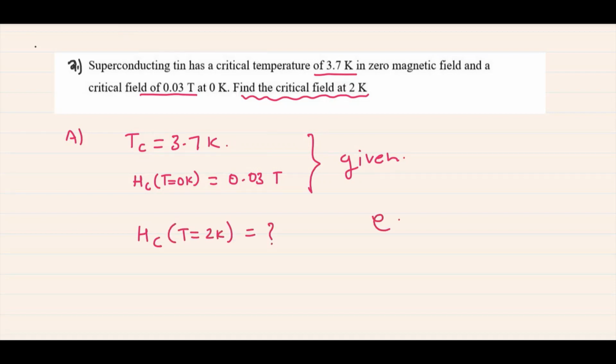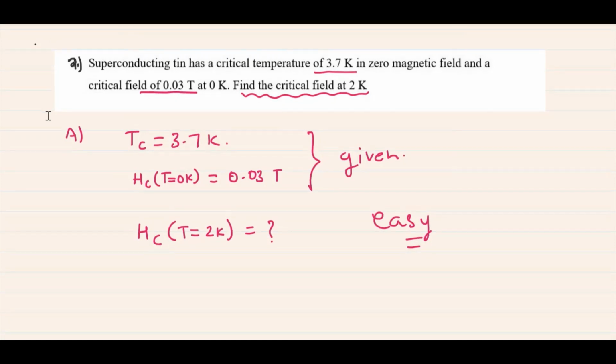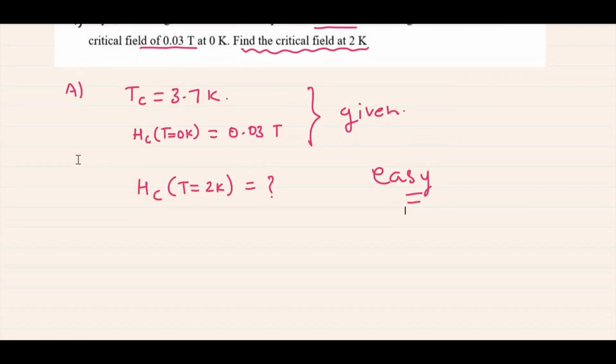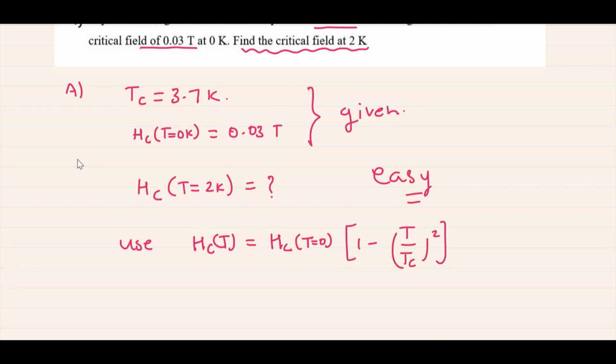It is a very easy question. Use the parabolic equation we previously saw. Use Hc of T equal to Hc of T equal to 0 into 1 minus T by Tc the whole square. This is an important equation.